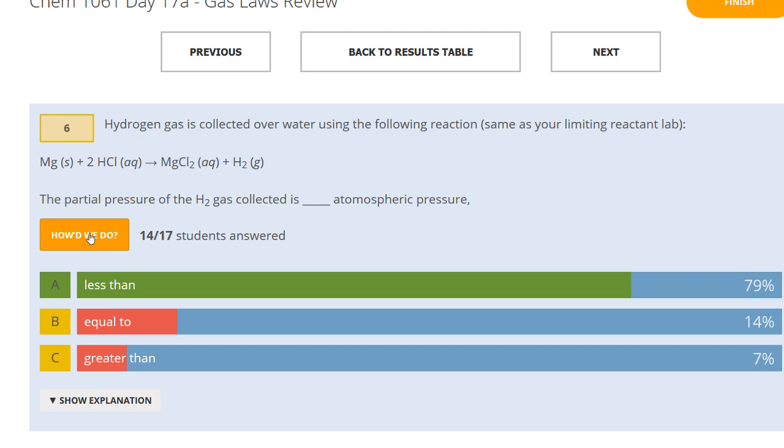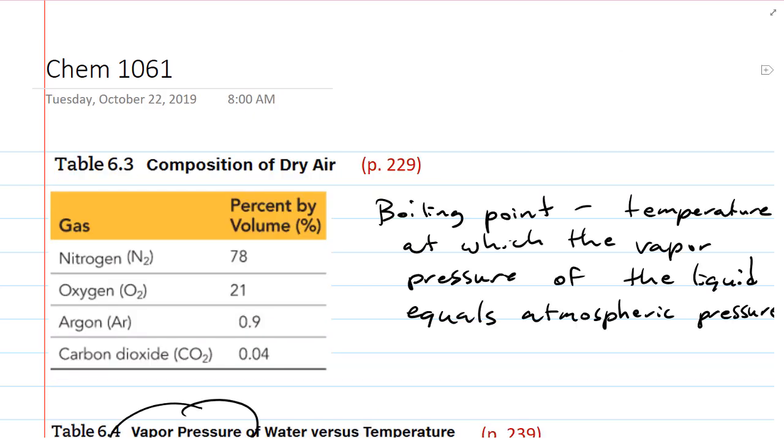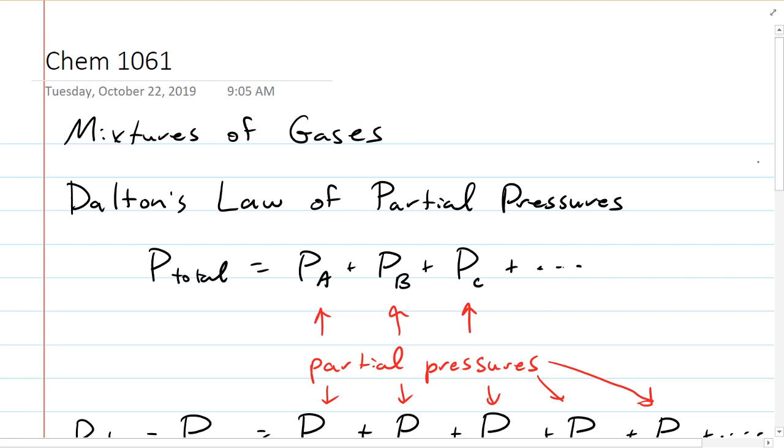So if we were to look at the total pressure, this is kind of how we looked at Dalton's law of partial pressures the other day. We say that the total pressure is equal to the sum of the partial pressures that comprise that mixture of gases.